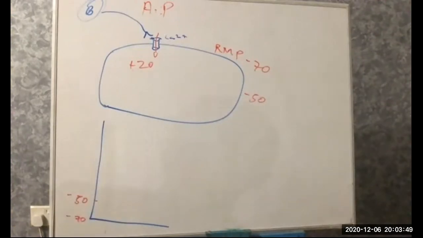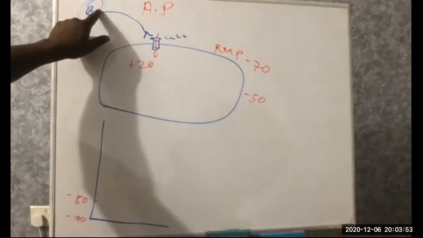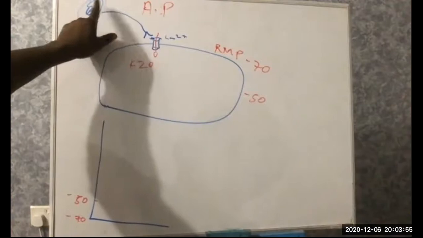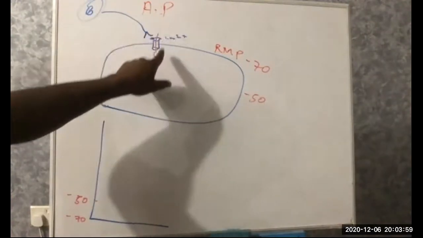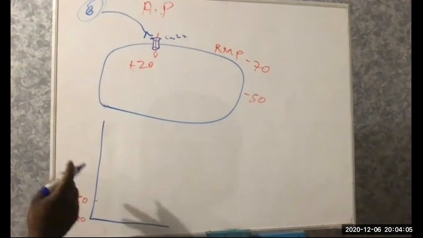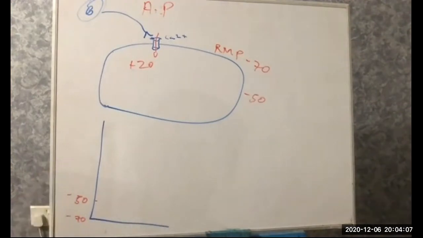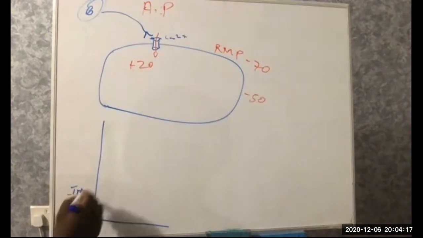Now listen very well. Whenever I touch this one, it will release some neurotransmitter, which will allow some calcium to come in. Now, at this minus 50, something is going to happen. First of all, this minus 70 is what we call the resting membrane potential. At this minus 50, we call it the threshold potential.